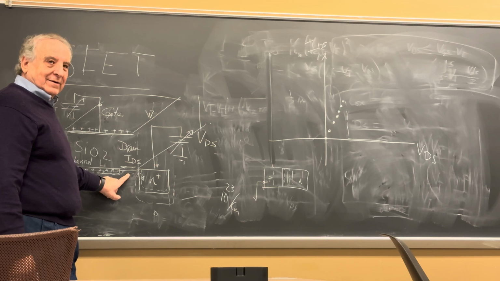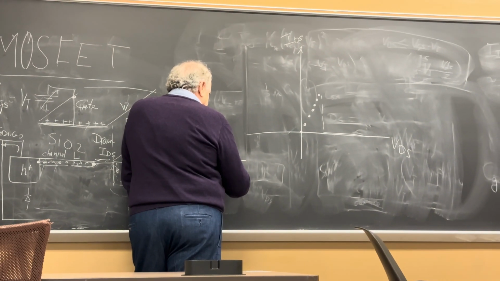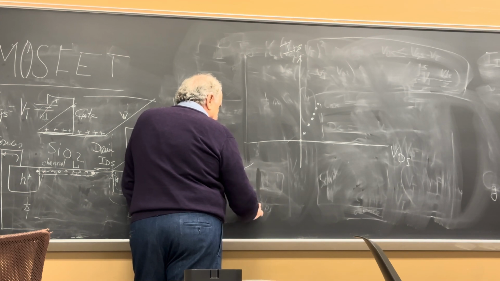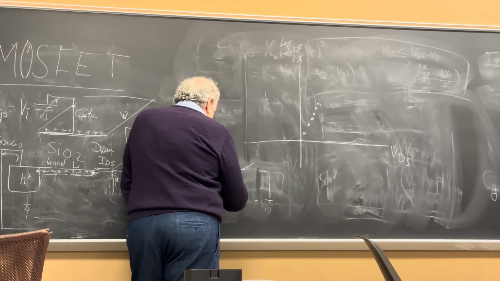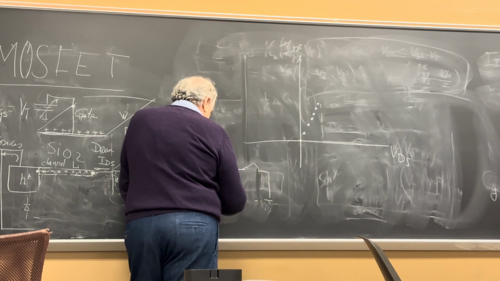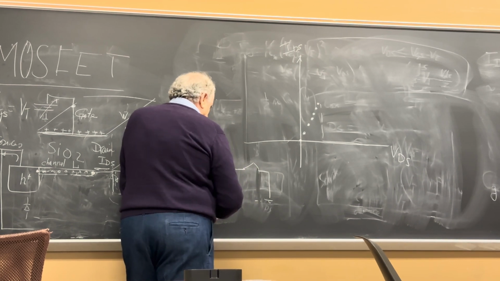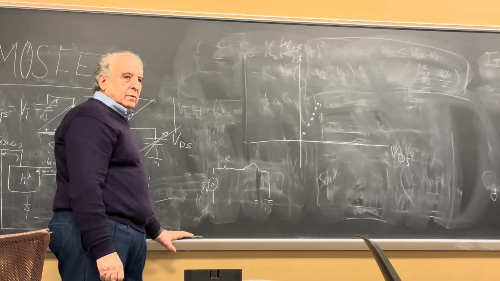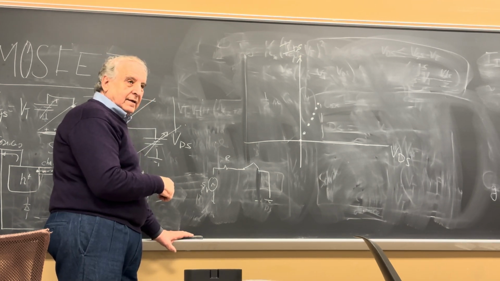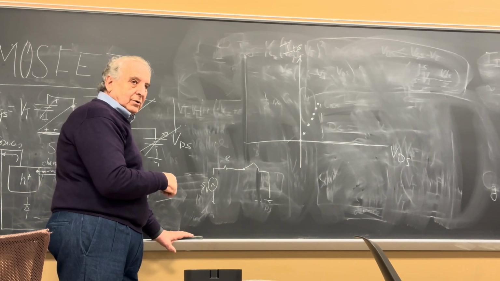There's no channel here. Say you have R, a switch, you ground here, and you put 5 volt here. Where's the 5 volt go? The switch is open, nowhere. No, I mean, where is the 5 volt now?